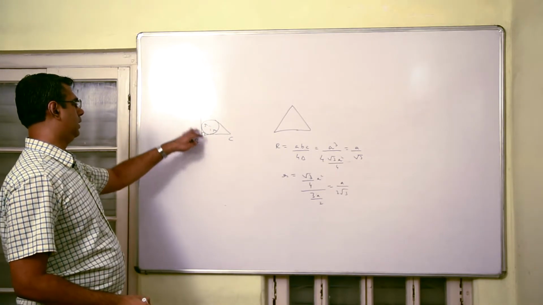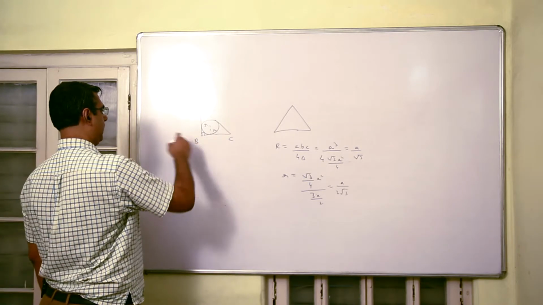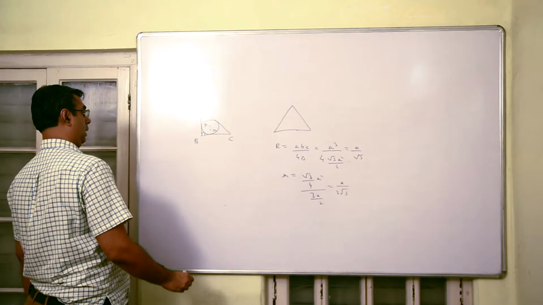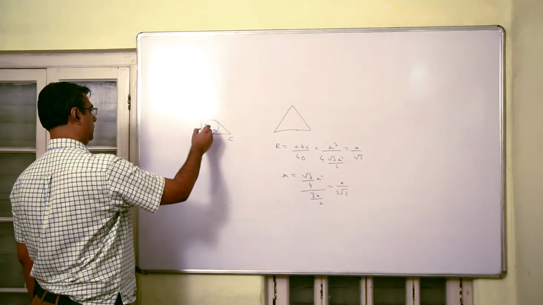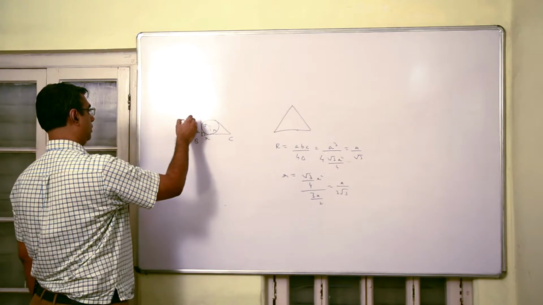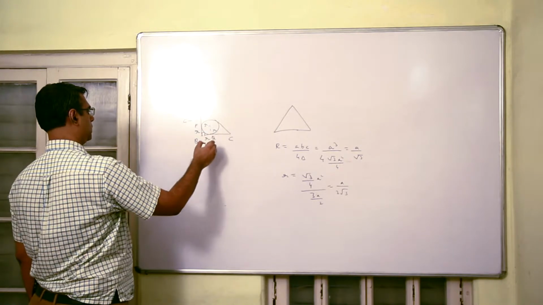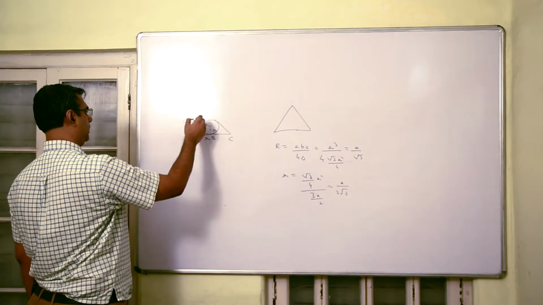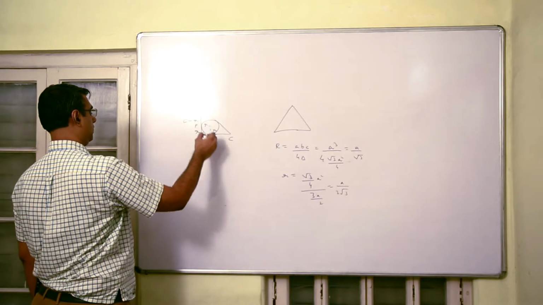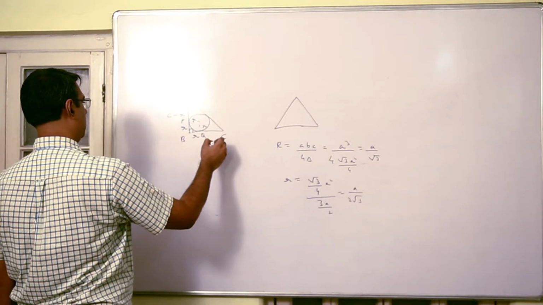So suppose you have a triangle ABC and you have drawn an incircle. This is a right angle triangle, mind you. Now the inradius is small r. So if you call this point P and this point Q, you can say that AP is equal to small c minus small r and CQ is small a minus small r.